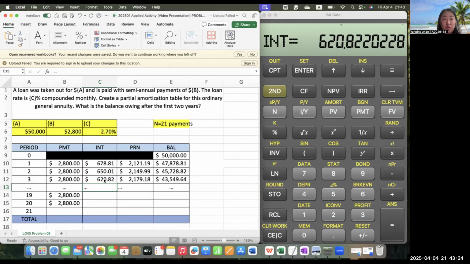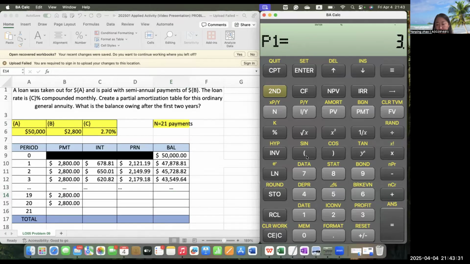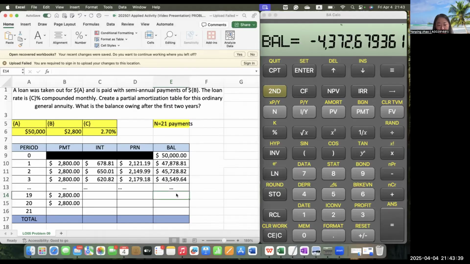Next we are going to start with interval number 19. P1 is 19 and P2 is 19, and we got the balance 2.69. Press the arrow.